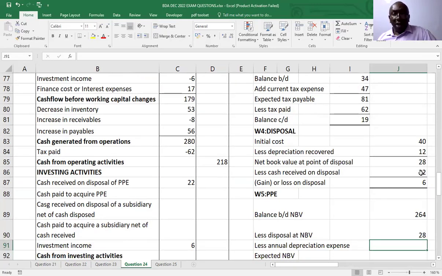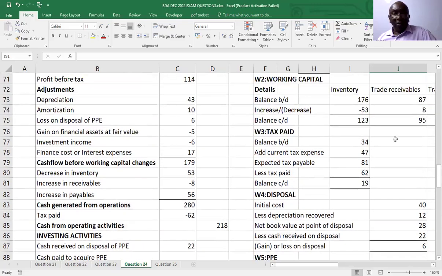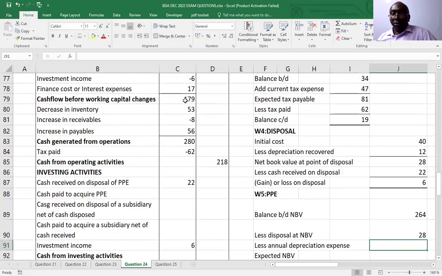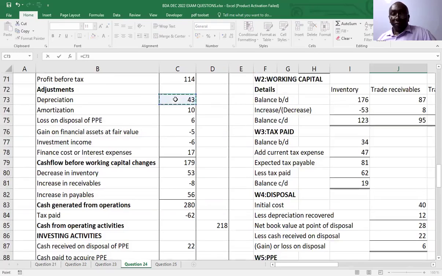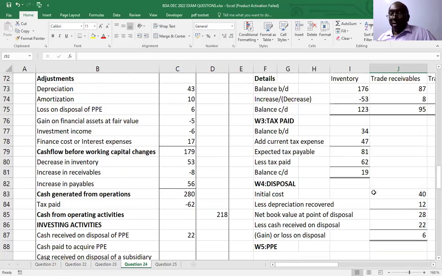Depreciation, we already have put it somewhere in an independent cell. I think we had put it up here. So we bring it there equals this depreciation. So we brought the disposal, and the depreciation, here.